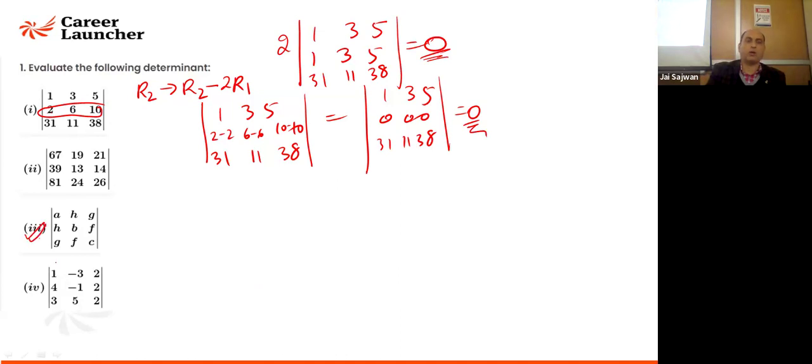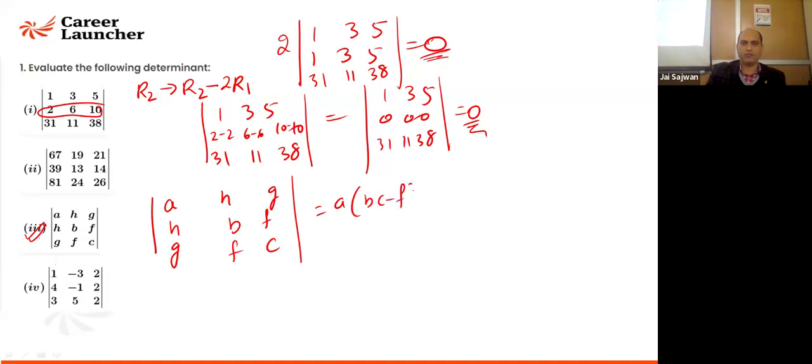I'm sure you tried this one as well, the third one. Should I say it is a symmetric one? Can I use the word symmetric here? If you transpose that, you will get the same answer. It is a(bc minus f square) minus h. It is (hc minus gf) plus g(hf minus bg).